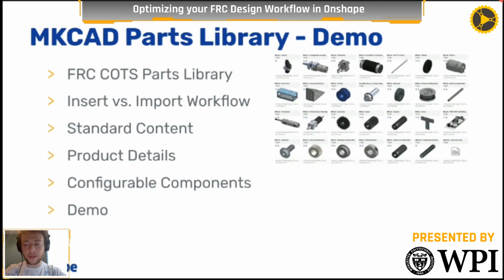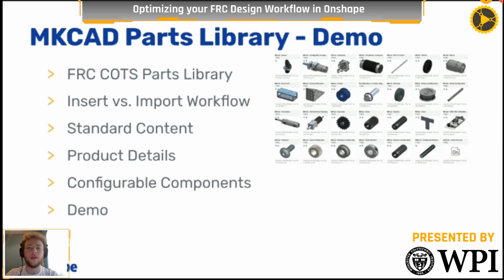The second big thing I'm going to talk about today is the MKCAD parts library. MKCAD is something that I started several years ago at this point, and it was when Onshape was first starting to come out. There was a frustrating workflow where when you wanted a COTS part, a purchased part from a common supplier, you had to go onto their website, download a step file, import that step file into your document, and oftentimes the features weren't quite right for Onshape, or it was built with different geometry.